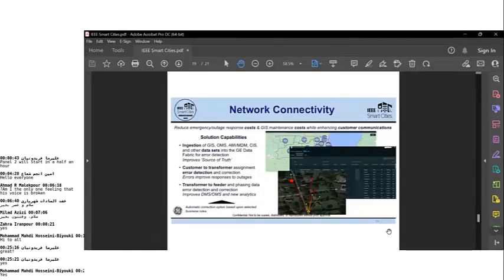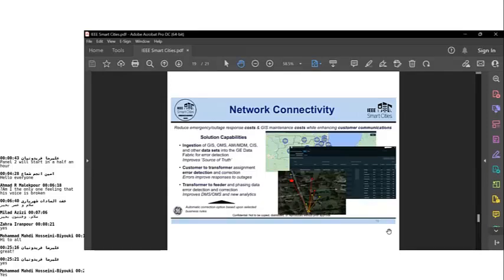So current transformer to meter error detection has been used to improve responses to outages, whereas transformer to feeder and phase data has been used to improve OMS, distribution management systems and any new analytics. And it has the capability to correct upon selecting business rules, proactively catching errors as they occur, and continuously improving the source of the data. If you can go to the next slide, please.